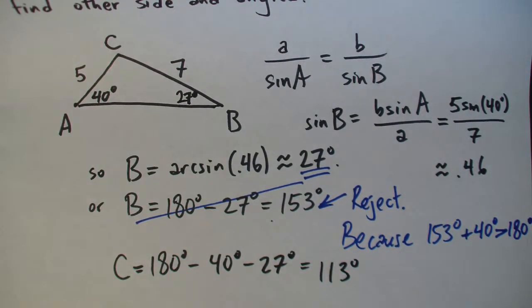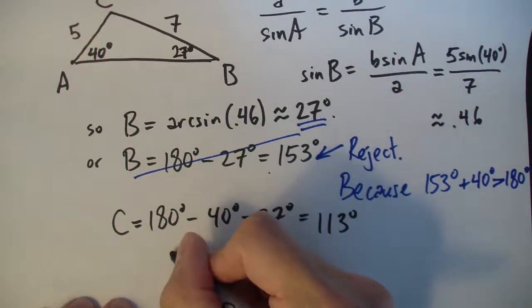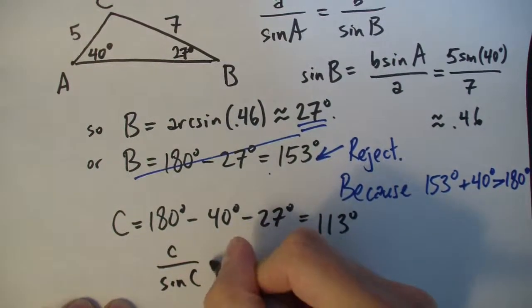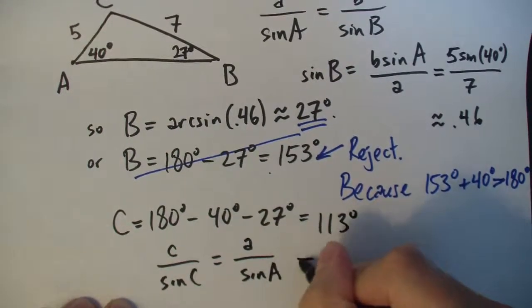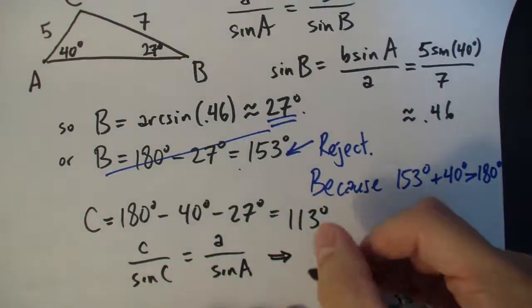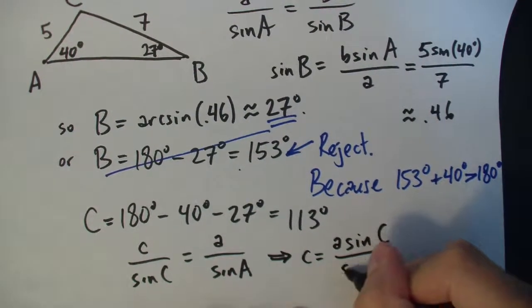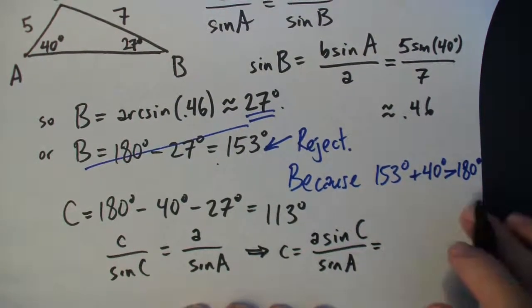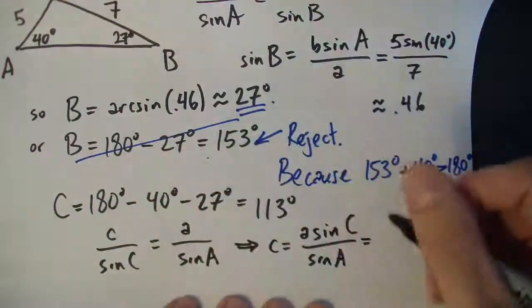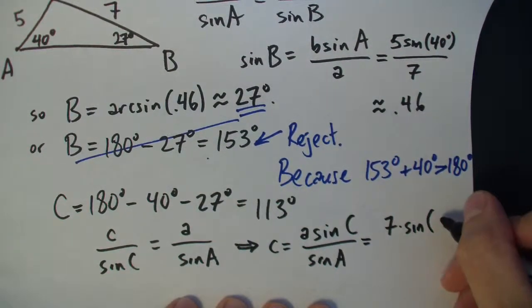And so if C is 113 degrees, we can again use our law of sines, and we're going to use that C over sine C is equal to A over sine A. And we solve that for C. We get C is A sine of C over sine of A. And plugging in what we know, we have that side A was 7. We found that angle C was about 113 degrees.